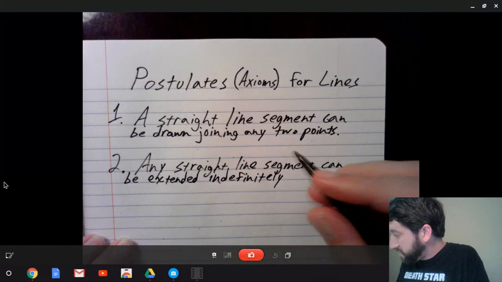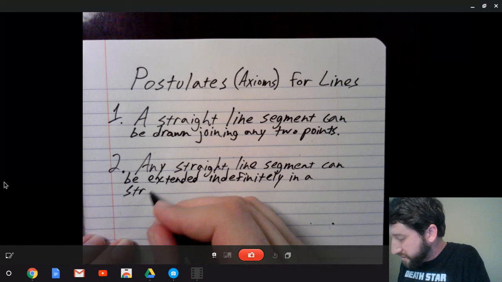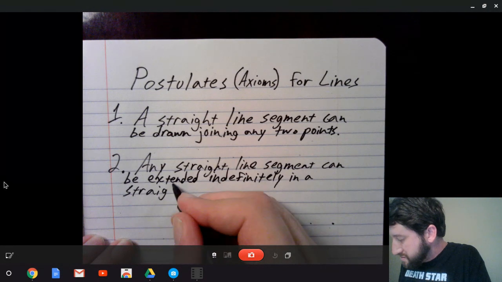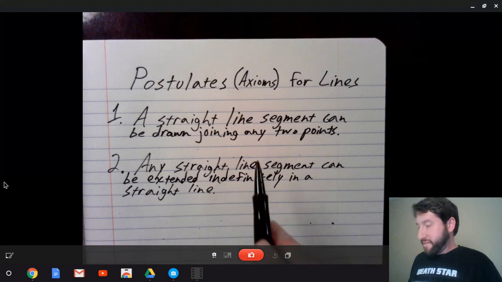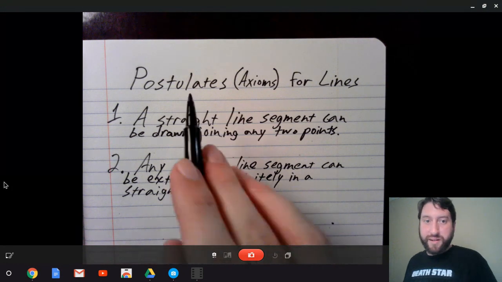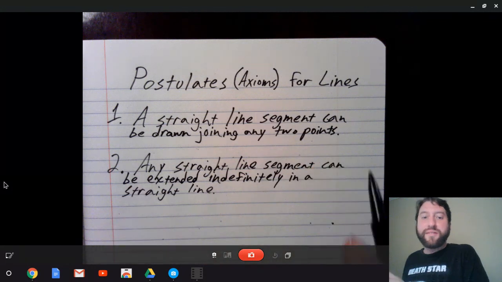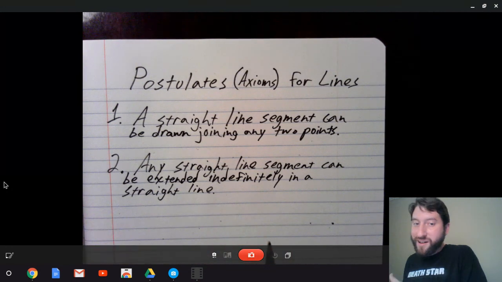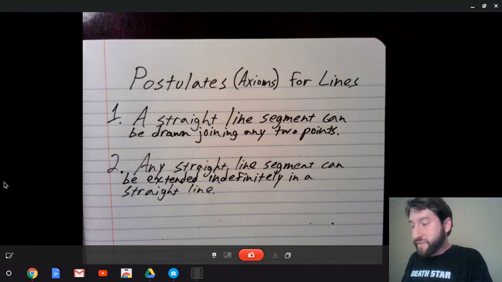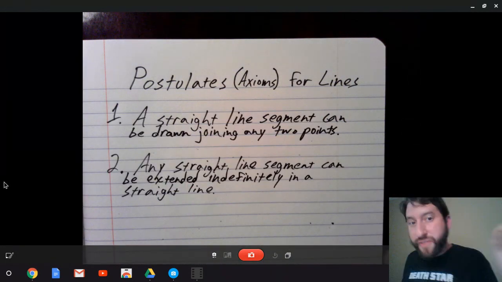I think I spelled that right. So remember, a line segment is a line that has a start and a stop, right? It has two endpoints. Just a line, like this is just a line. If I only say a line, I mean something that goes on forever in both directions. This goes on and on and on in both directions. All right, that's a line.